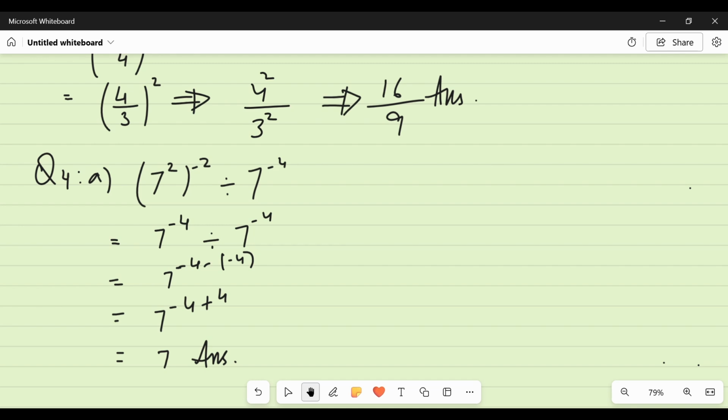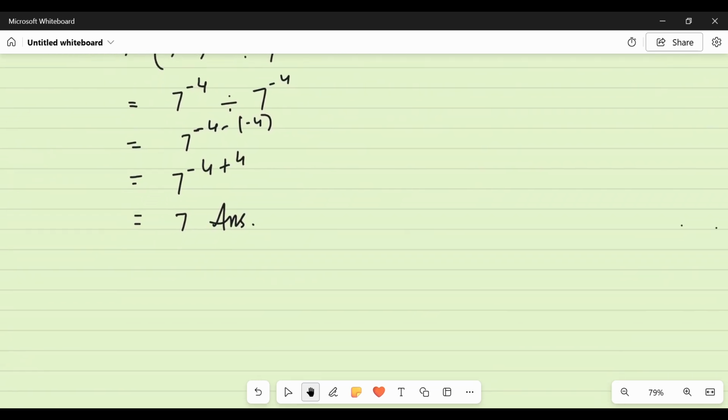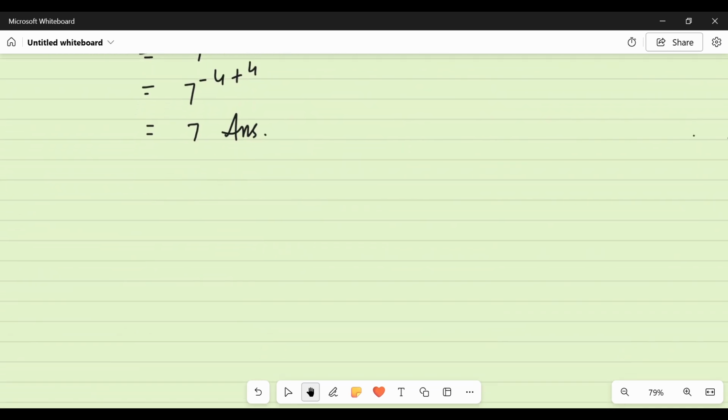Okay, let's do the next question. B here, this is also very simple. 5 to the power 0 minus 5 to the power minus 2.